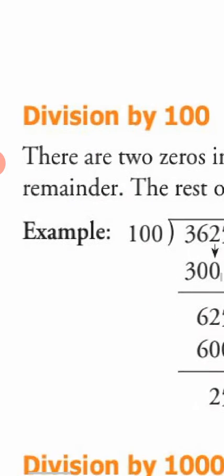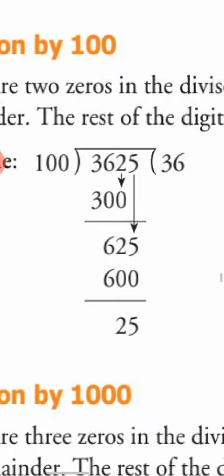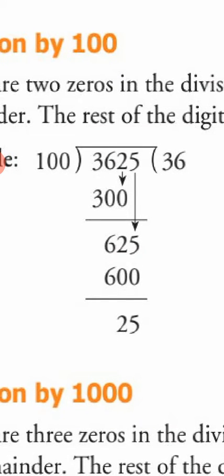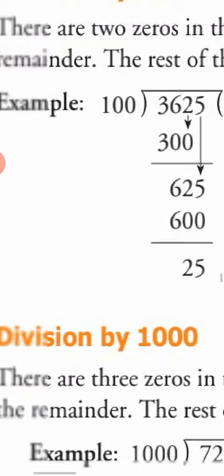In division by 100, you are taking only the last two digits as your remainder, means the digits at ones and tens place, and the rest of the digits will be the quotient. Like in this case, the last two digits, 25, are the remainder and all the rest, 36, is your quotient.